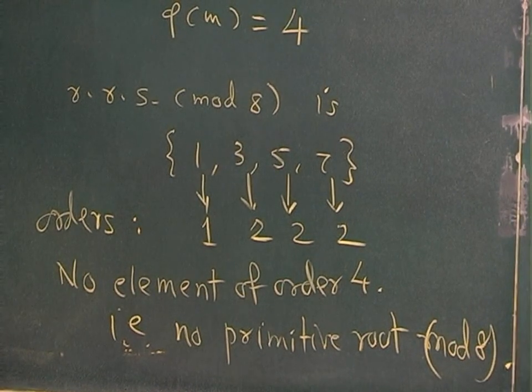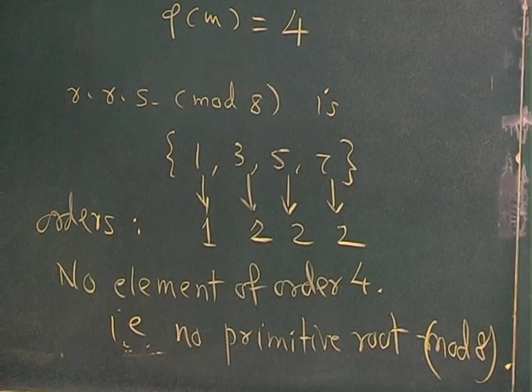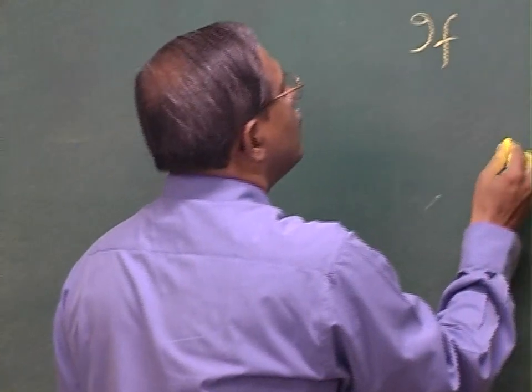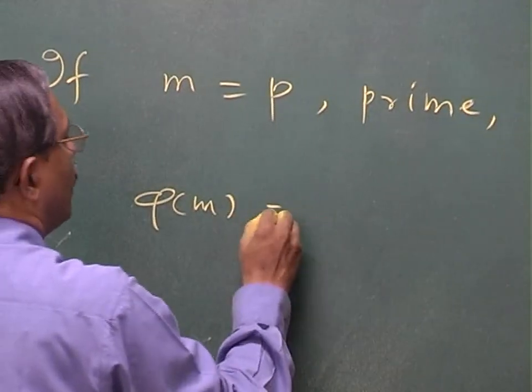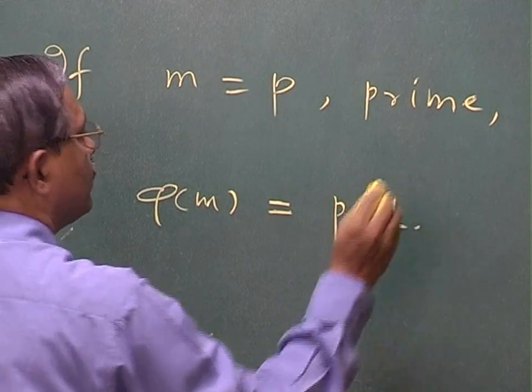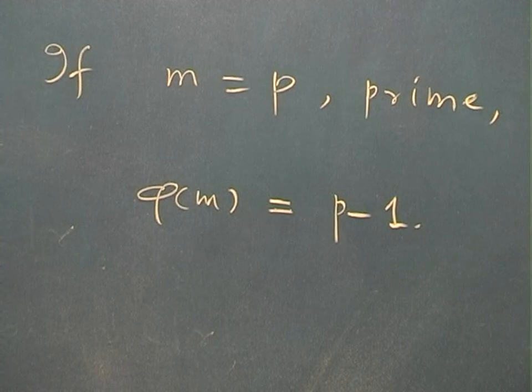If m equal to p prime, what is phi of m? That is p minus 1. When m is prime, phi of m is p minus 1.